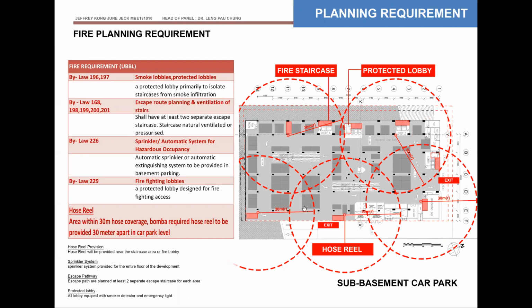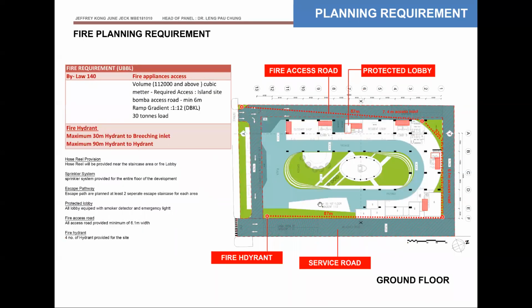This is the sub-basement, and this is the ground floor. The ground floor starts from the fire engine access. My building requires these routes, with a minimum 6.1 meter access route, and the hydrant no more than 90 meters away.